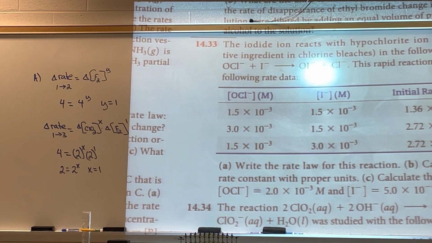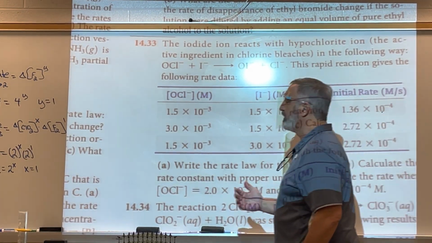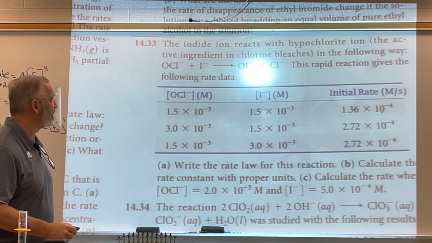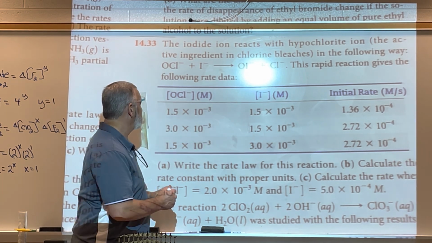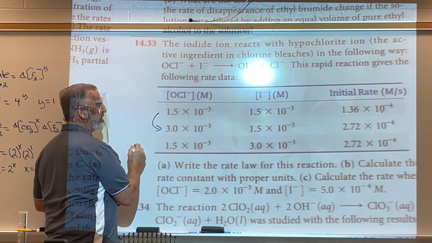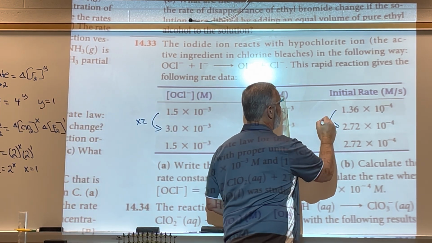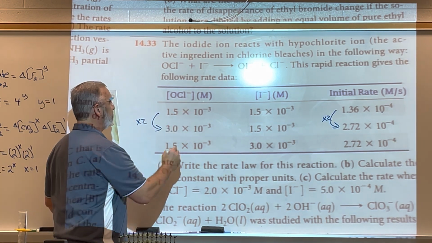Because we've done everything up to that point. All right, so again, let's just generically go through this. Let's not even worry about work. Let's just try to figure out what the exponents are. So I know that I can keep this one constant, right? So what's happening to here? Times 2. What's happening to this? Times 2. So what do I know my exponent, my power is here? 1.